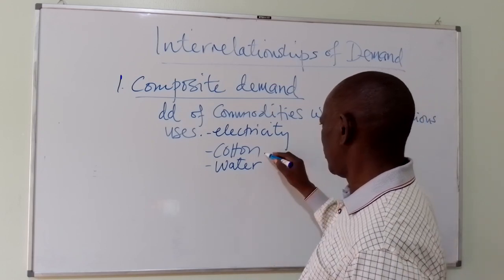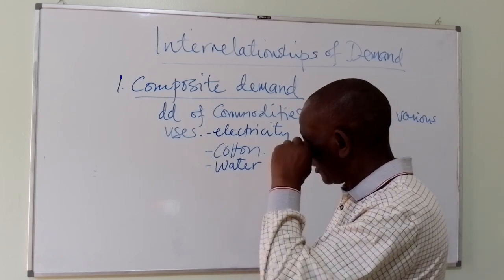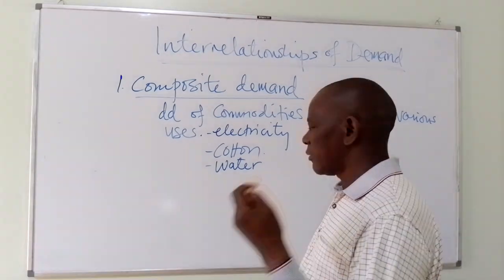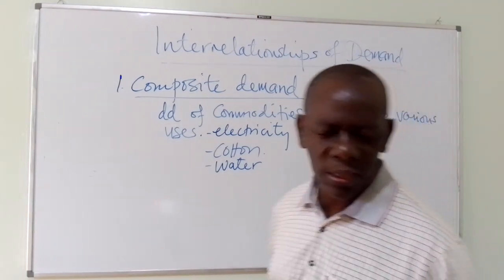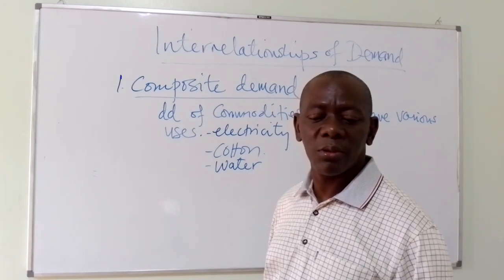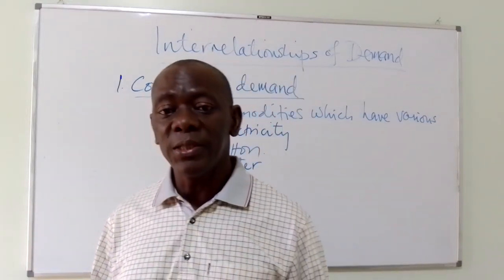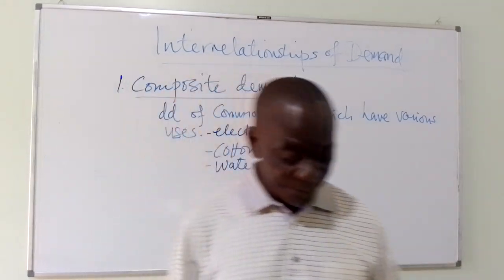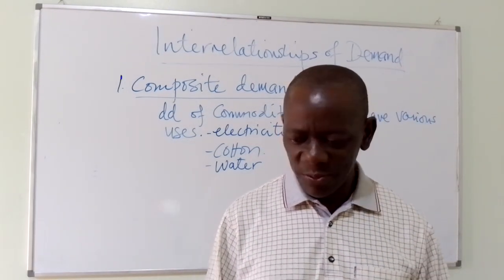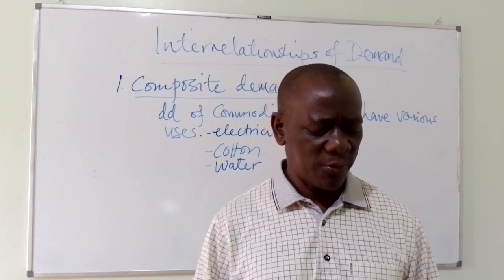Cotton, the moment you grow cotton and you have cotton, especially the raw cotton, you use it to make clothes. You also use it to make what we call cattle cakes, which is what the cattle feed on.